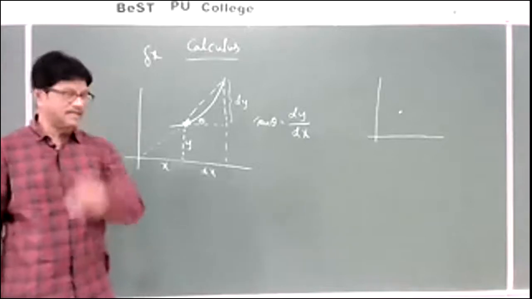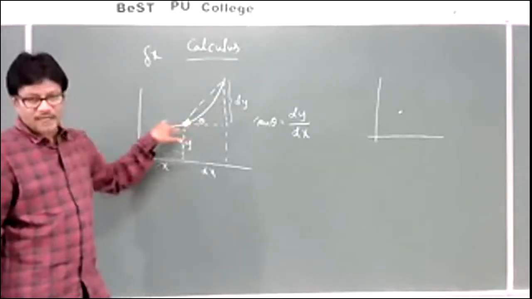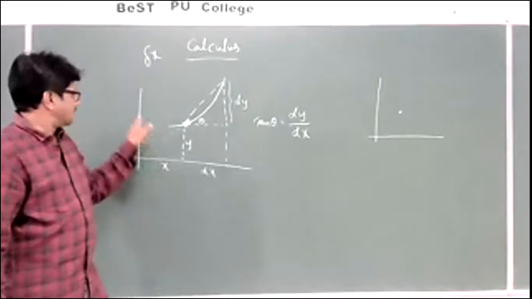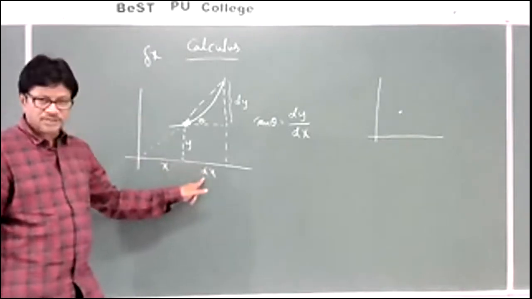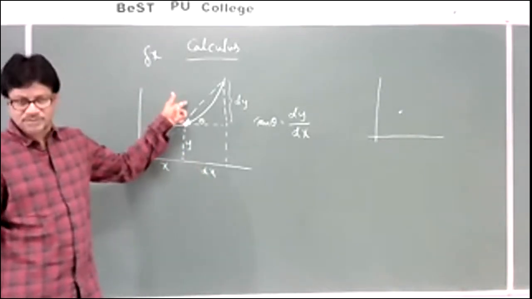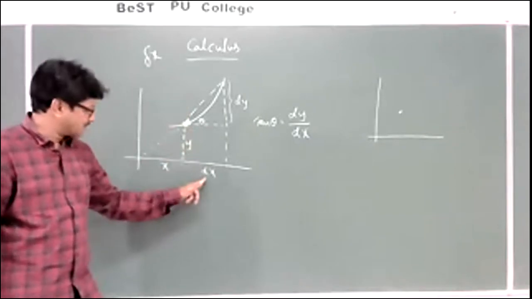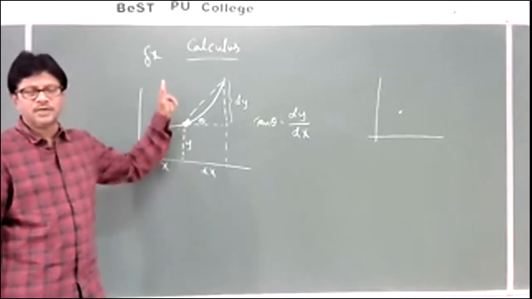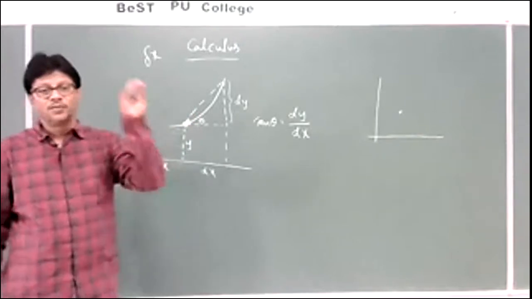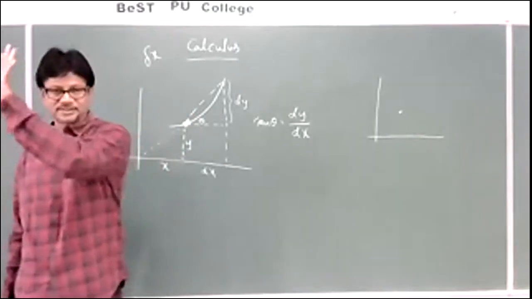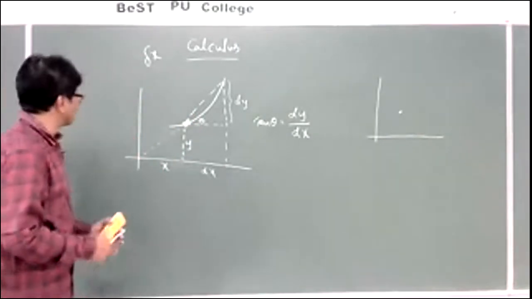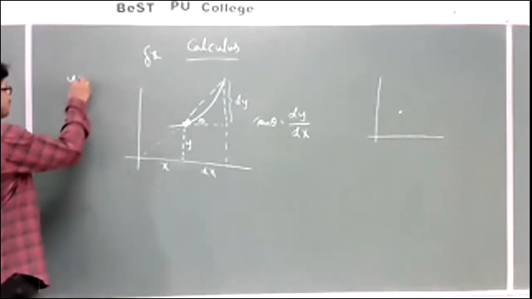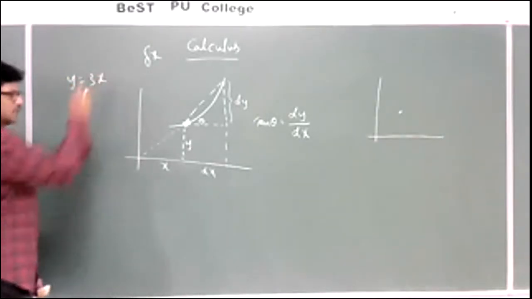That implies that by seeing this graph we can say that as the x value changes, the y value will also change, because y is a function of x. Y is a function of x means, for example, you take y is equal to 3x.